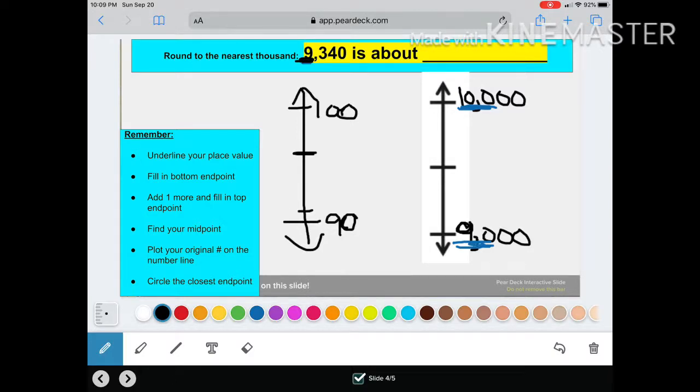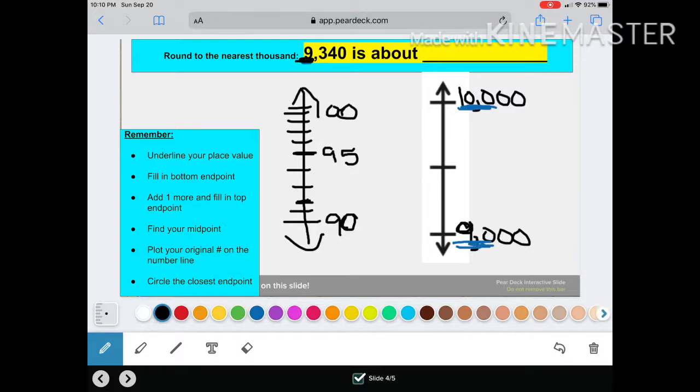Same as before. If you need help, go ahead and start counting. 91, 92, 93, 94, 95, 96, 97, 98, 99. That midpoint is 95. Halfway between 90 and 100 is 95.